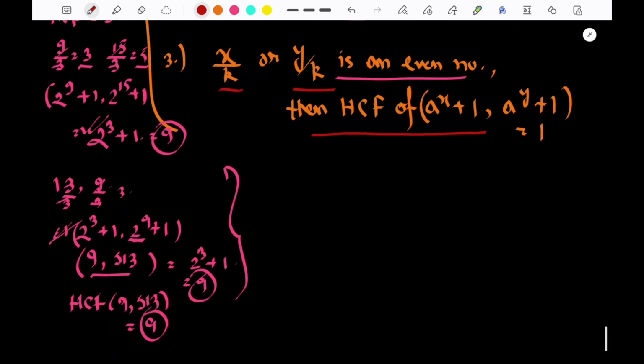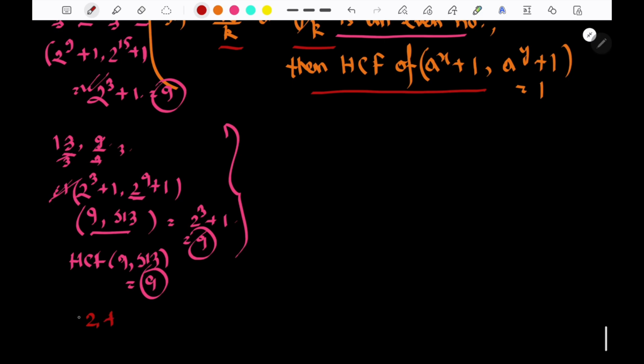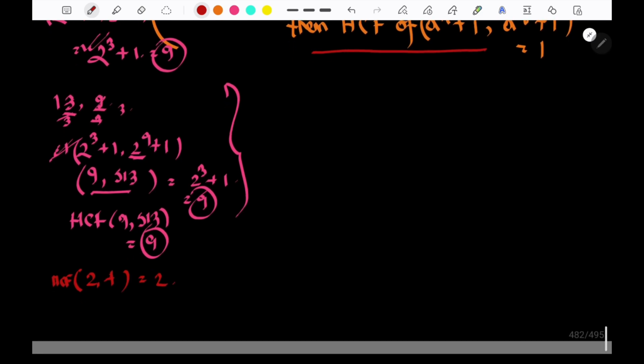Suppose if I say 2 comma 4, what is HCF of 2 comma 4? That is equal to 2. No, for this the value will not be valid. Say 4 comma 8. So what is HCF of 4 comma 8? That will be 4. Now if I divide 4 by 4 and 8 by 4, this will be 1, this will be 2.